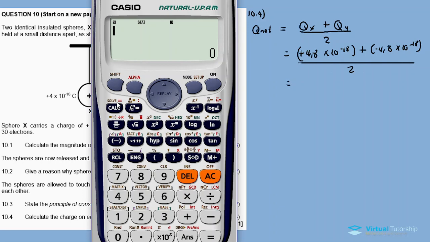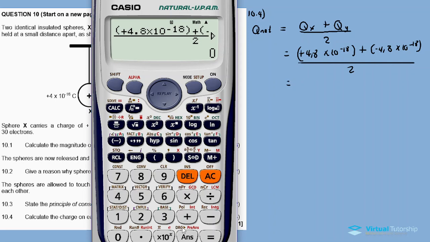Let me do this on the calculator: 4.8 times 10 to the exponent negative 18, plus, open bracket, minus 4.8 times 10 to the exponent negative 18, divided by 2. This is equal to 0.